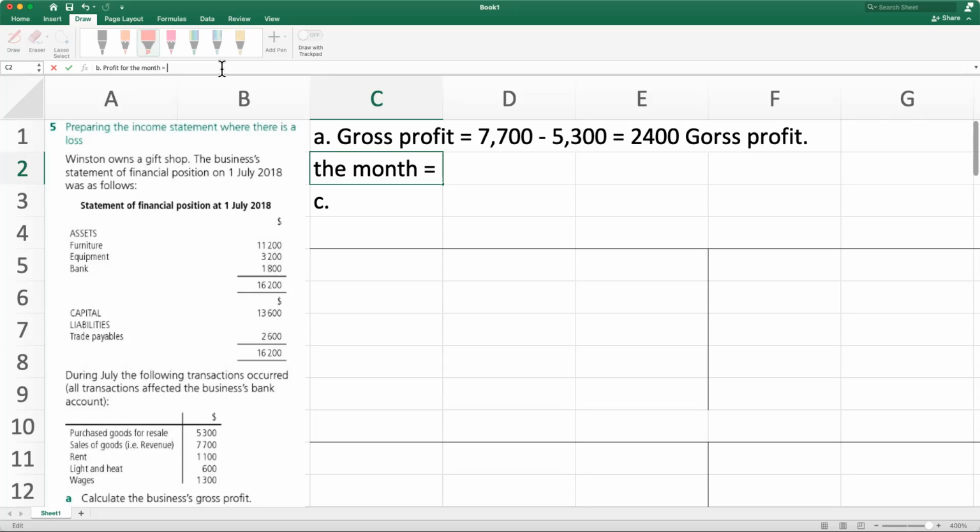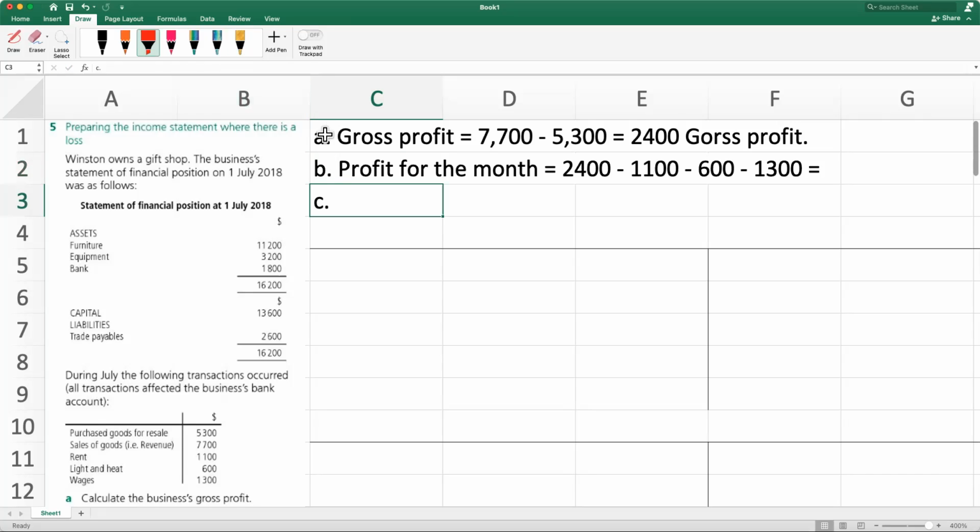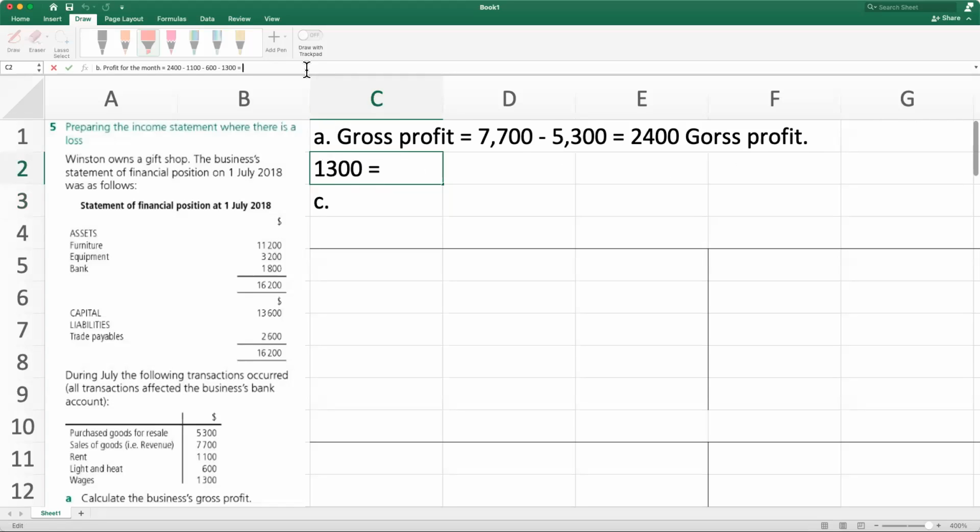The profit for the month is the same thing. We take your gross profit, which is 2,400, how much you earn already, and subtract all the expenses that you have to pay: 1,100, 600, 1,300. And how much do we get? So 2,400 minus 1,100 minus 600 minus 1,300. I'm going to get something like negative 600.